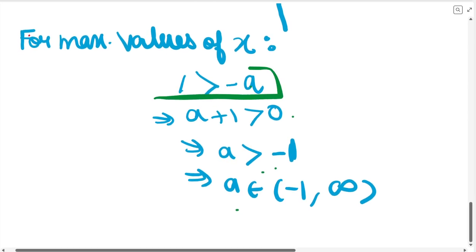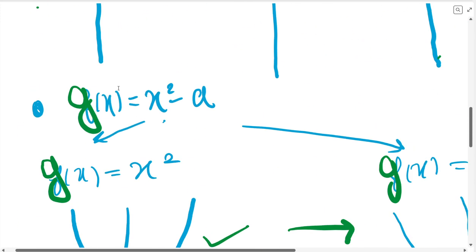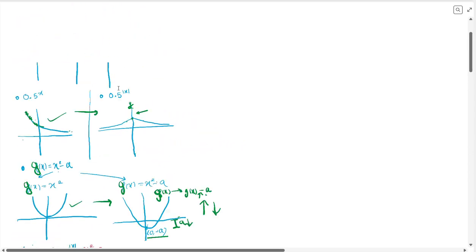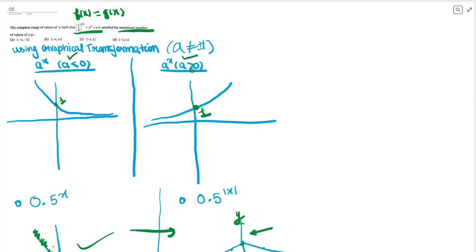So 1 is greater than minus a, so a plus 1 is greater than 0, a is greater than -1, and finally we get the range of values of a. That's what we had to find. So this is our correct answer, option D.